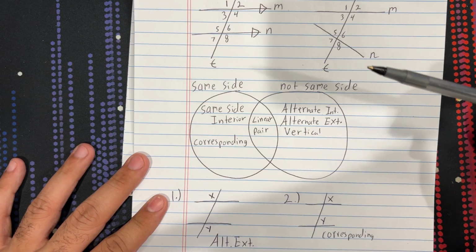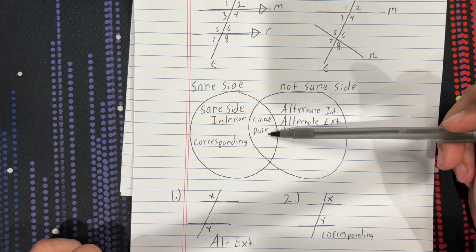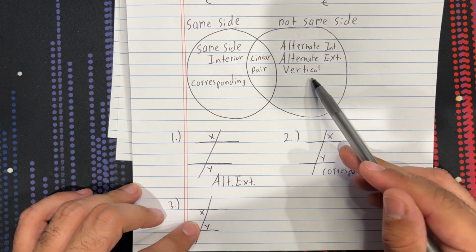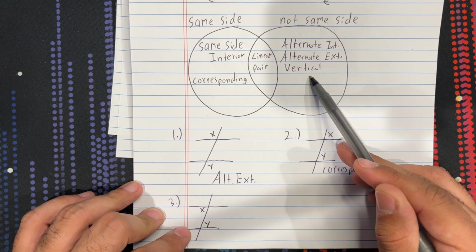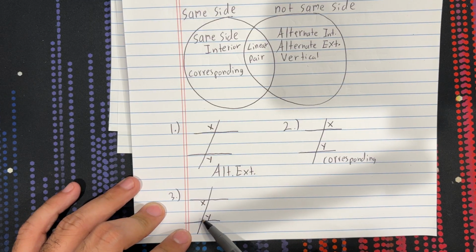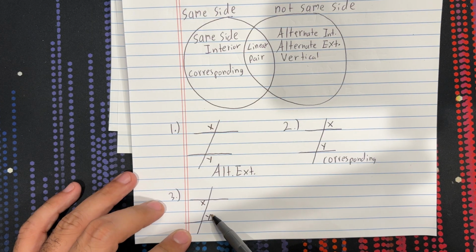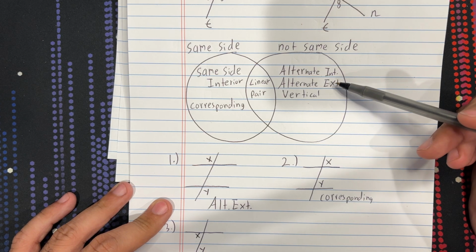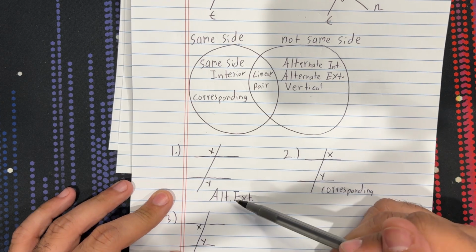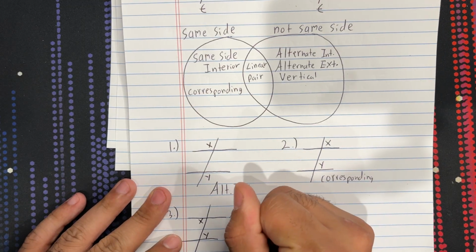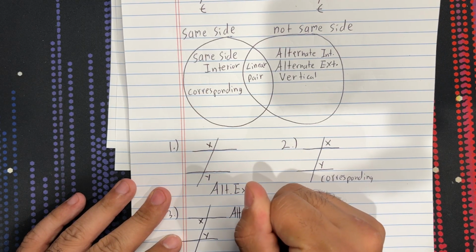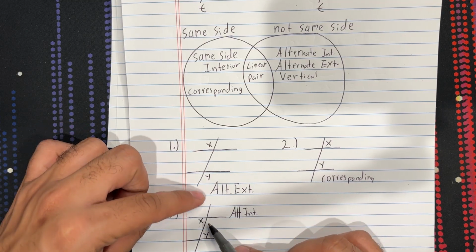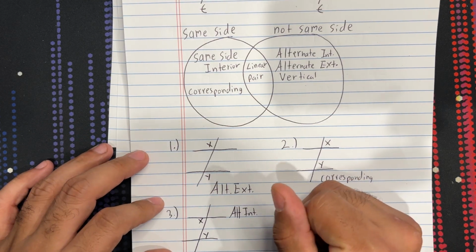Now, in this case here, linear pair, they're close to each other, but they're not actually touching, so it cannot be a linear pair. Vertical, that is not going to happen on this one because they must be on the opposite side of each other, which are not in this case. Since we only have alternate interior and exterior now, well, these angles are interior, not exterior, because they're both inside the 2 lines. So this is going to be alternate interior. Very similar to the exterior angles, but in between the 2 lines.